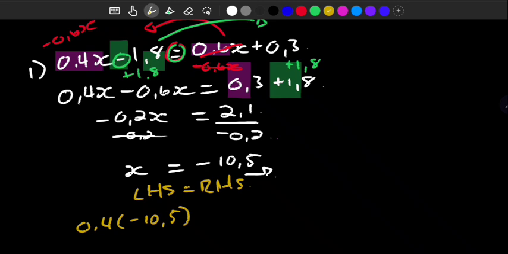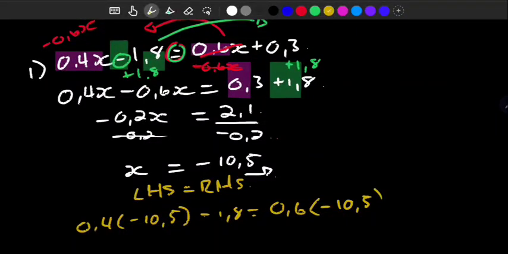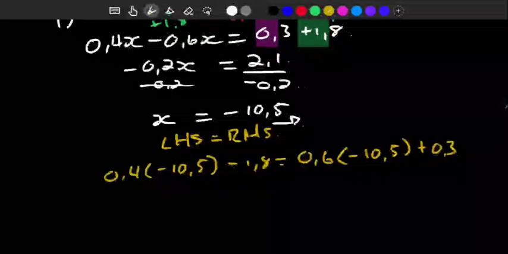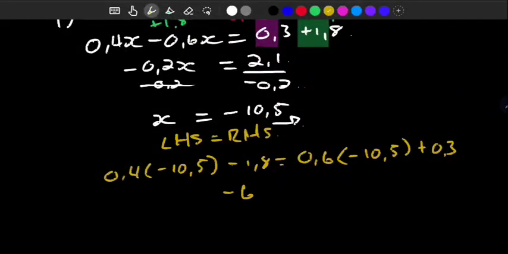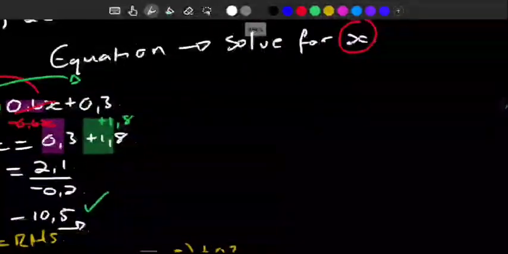And then anywhere there's x, you would put negative 10.5, minus 1.8 is equal to 0.6x, where there's x we put negative 10.5, plus 0.3. And our answer there is negative 6 on the left equals negative 6 on the right. And you know that this is correct, right? Moving on to the next one.